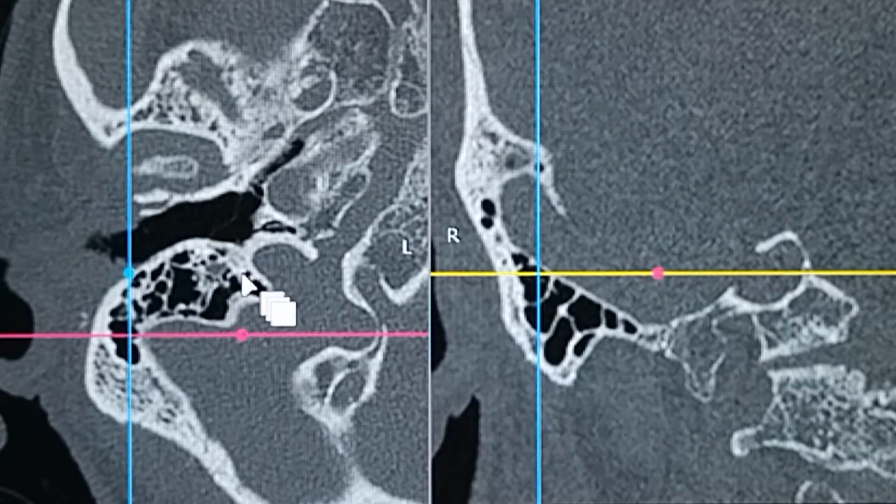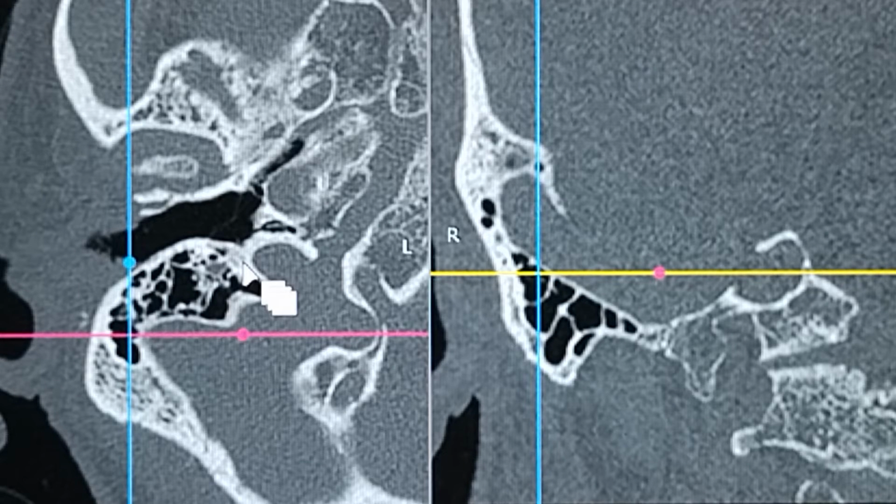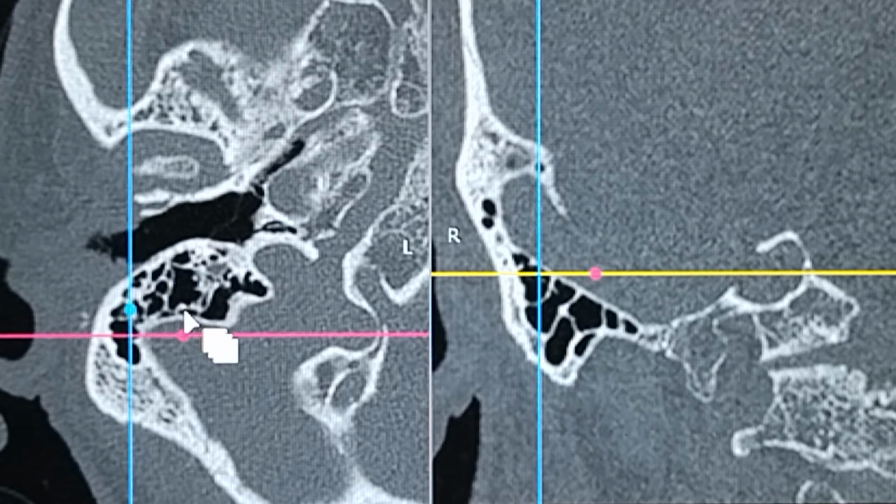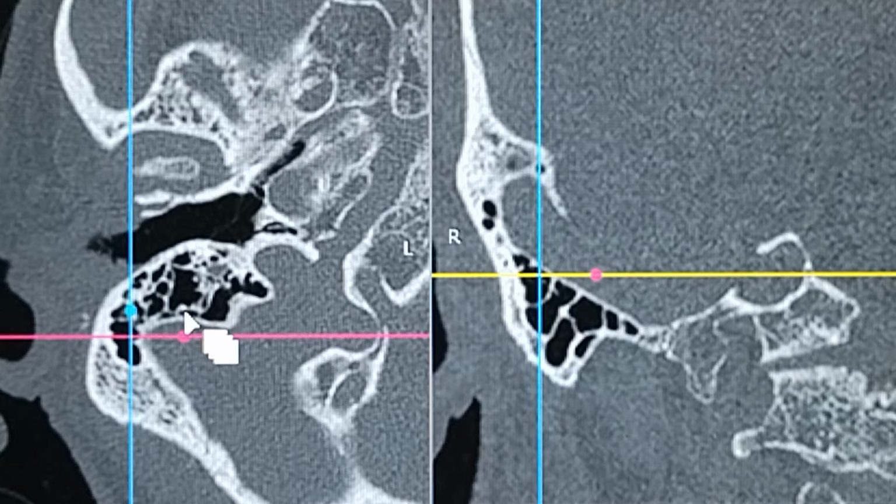And that was the EAC and the tympanic membrane. Now the most important thing, coming on to the internal ear, I'm directly going to teach the internal ear structure. So remember the sequence. First, from inferior to superior, you will see the mastoid tip, the styloid process, and the ramus of the mandible dividing into the coronoid anteriorly and the condylar process posteriorly, eventually forming the head of the mandible.